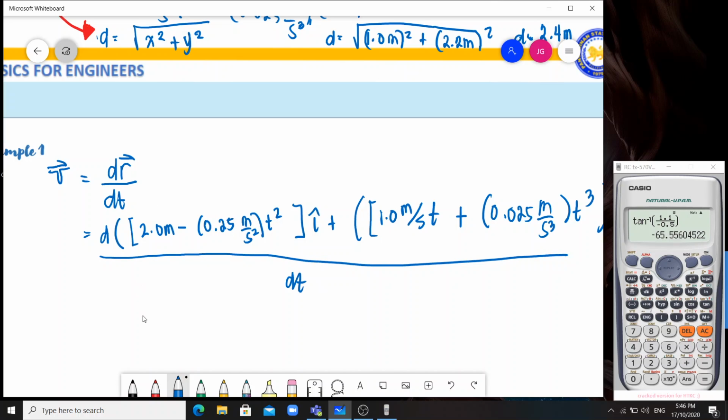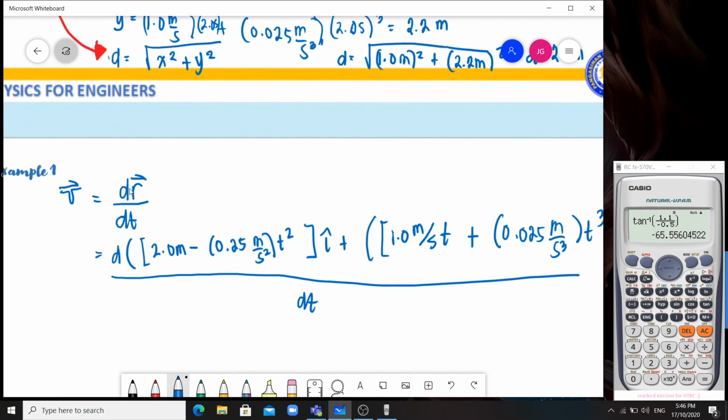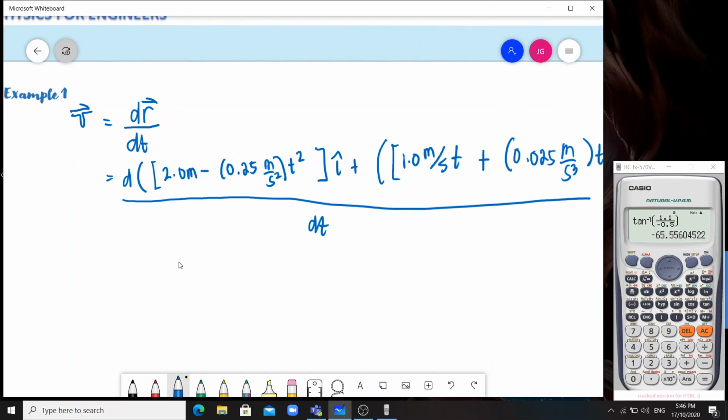Okay. So, we have to derive that because that is the change of r over dt. So, let's derive to get the instantaneous velocity vector.